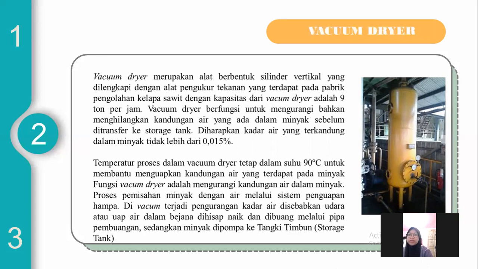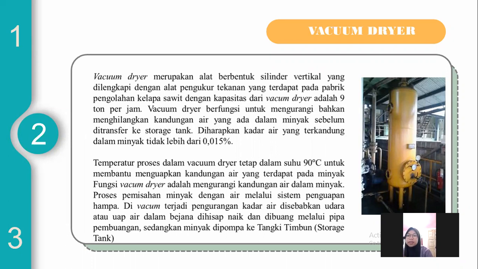The vacuum dryer is a vertical cylinder-shaped device equipped with a pressure gauge, found in a palm oil processing plant. The capacity of the vacuum dryer is 9 tons per hour. It serves to reduce and even eliminate the water content present in the oil before the transfer to the storage tank.